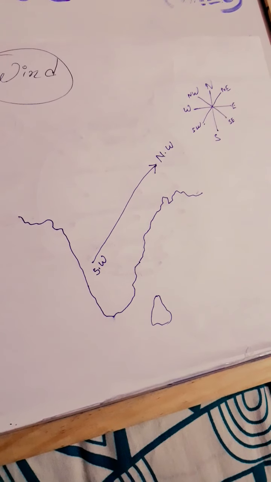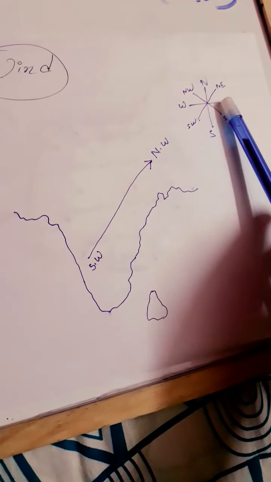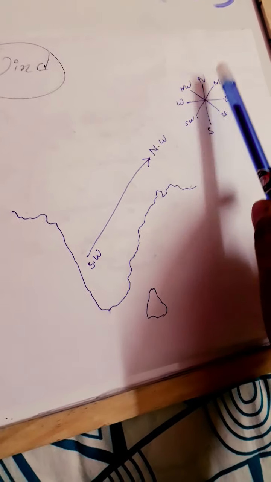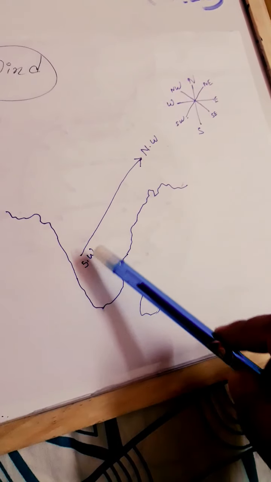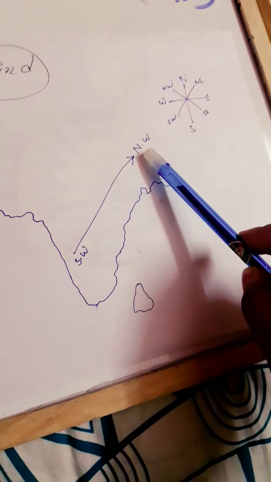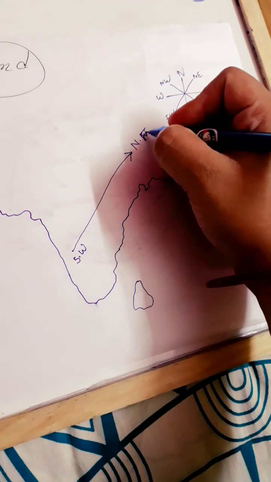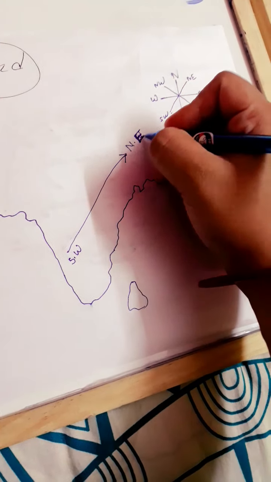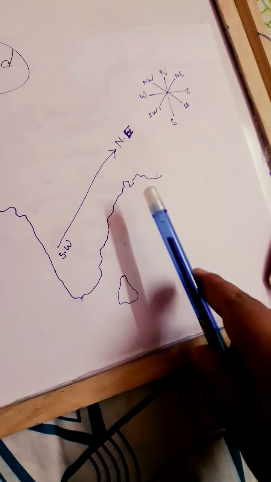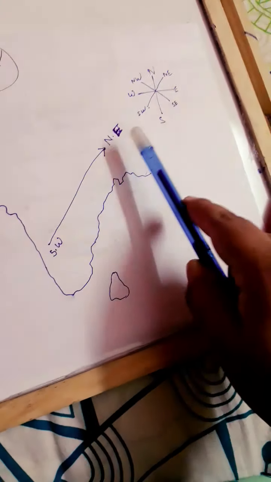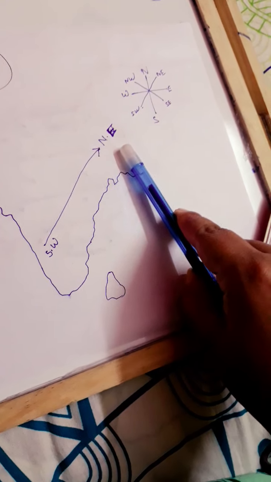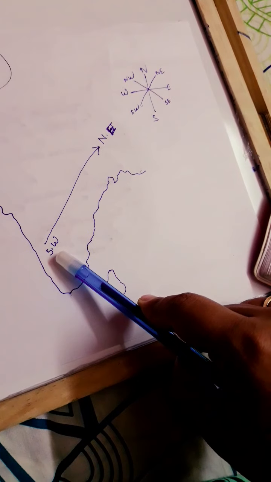Look at the diagram very carefully. If the winds are blown from the southwestern side to the northeastern side, then the name of that wind will not be northeastern wind. The name will be southwestern wind.